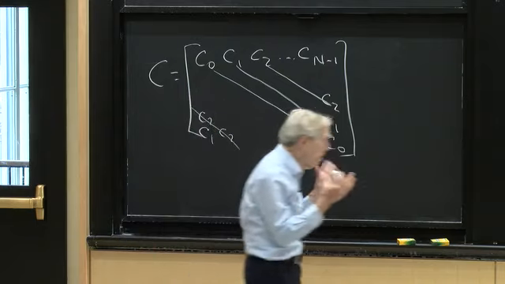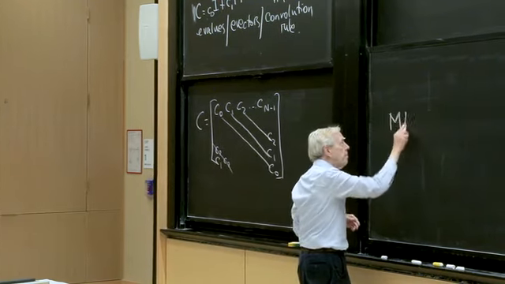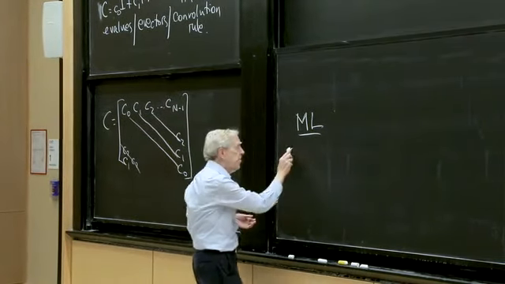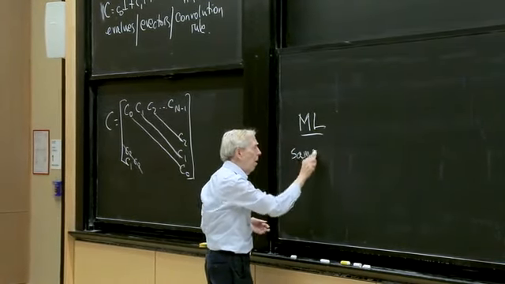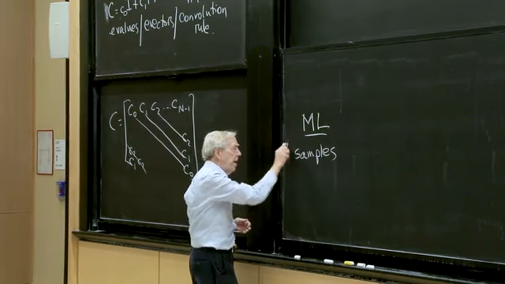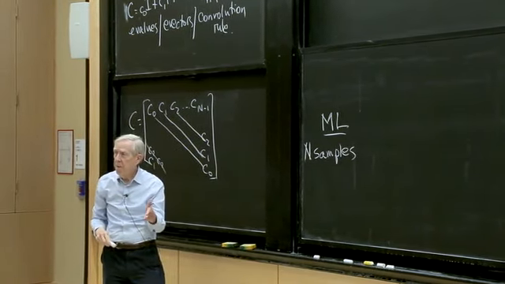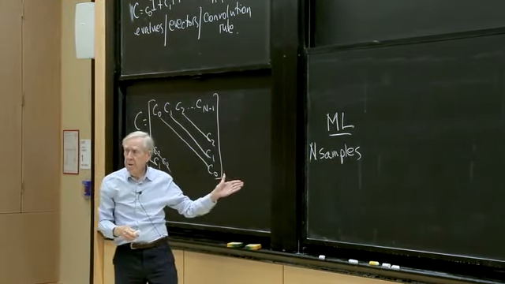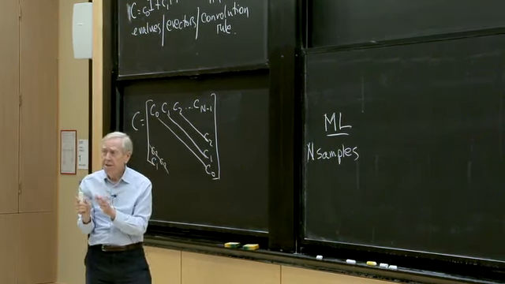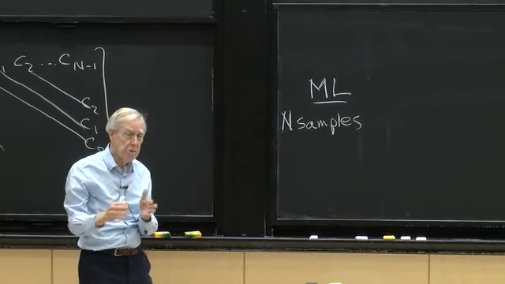You remember the big picture of machine learning, deep learning, was that you had samples, a lot of samples, let's say n samples, and in this image part each sample will be an image. An image is described by its pixels.